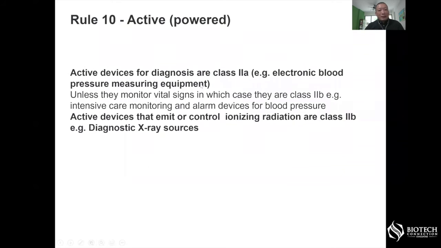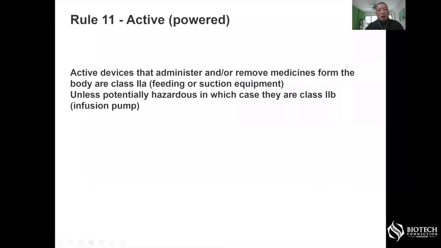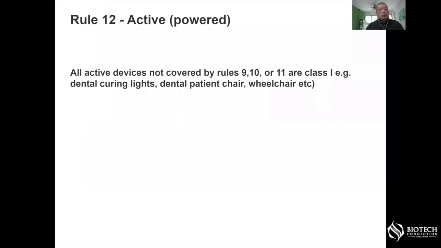Do you do diagnosis? No, my wheelchair doesn't. Do you administer or remove medicine? No. Then good news, you tell your regulator my electronic wheelchair will be class 1. Why? Rule 12. Because my wheelchair isn't covered by rules 9, 10, and 11.